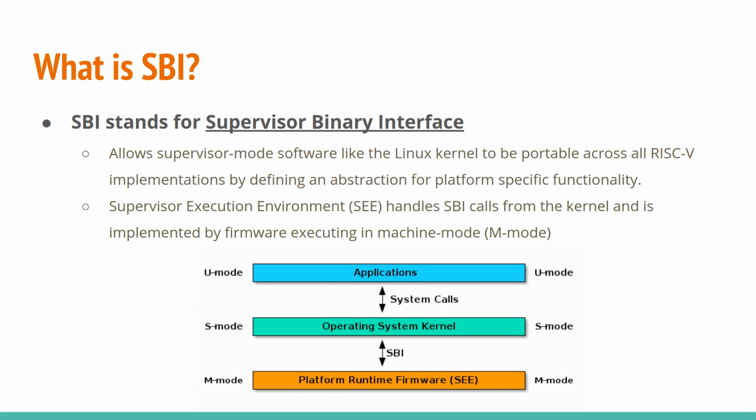This allows supervisor mode software like the Linux kernel to be portable across all RISC-V implementations by defining an abstraction for platform-specific functionality. The supervisor execution environment, or SEE, handles SBI calls from the kernel and is implemented by firmware executing in machine mode. You can see on this diagram we have the kernel running in S mode, and it makes SBI calls down to M mode.